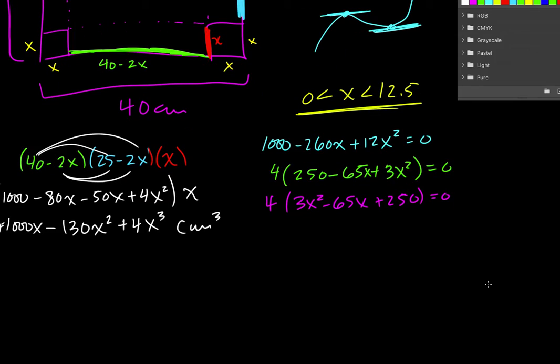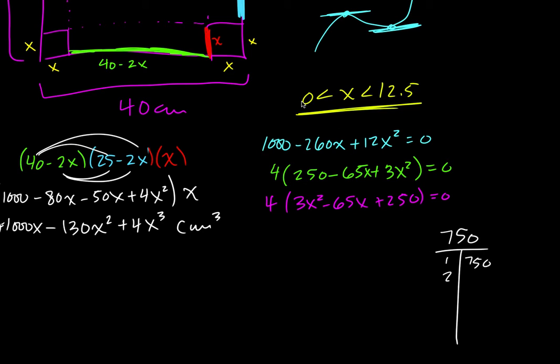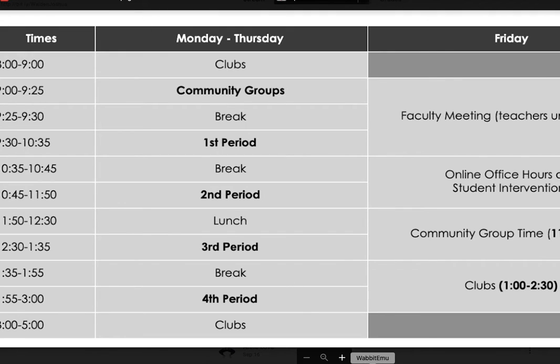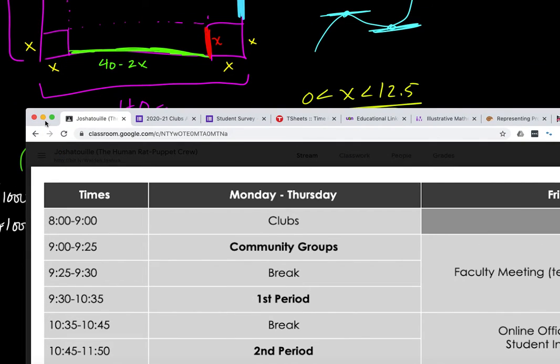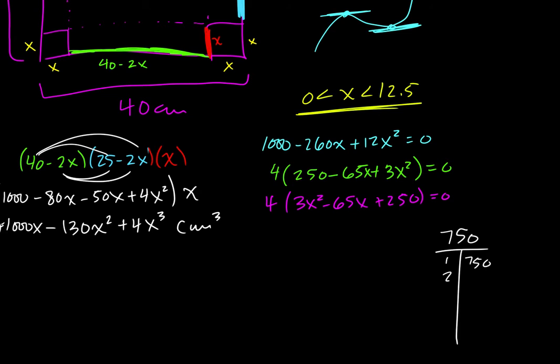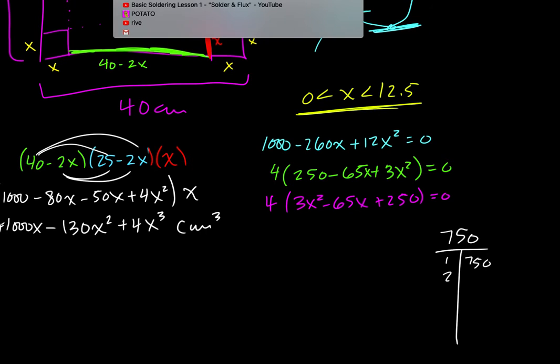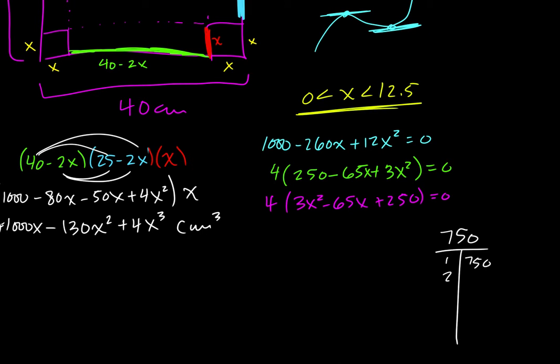Okay, so let's do factoring. So I do 3 times 250, so that gives me 750. That's going to have a lot of factors. So 1, 750, 2, here, I'm going to use a calculator. Okay, so calculator. Having a hard time, sorry guys.